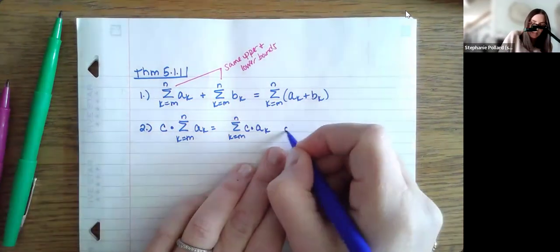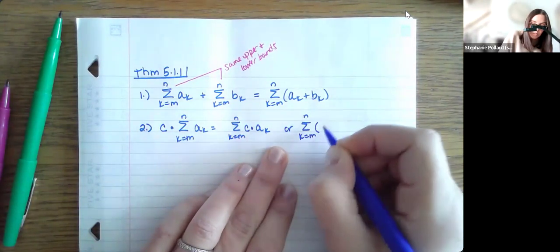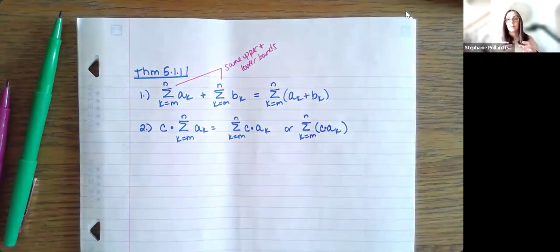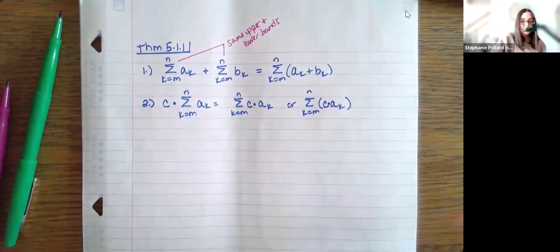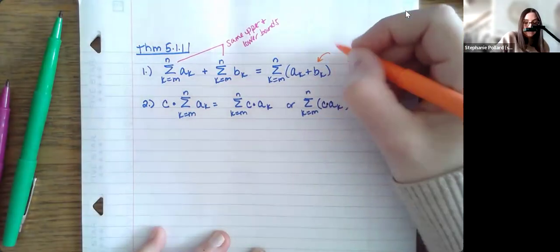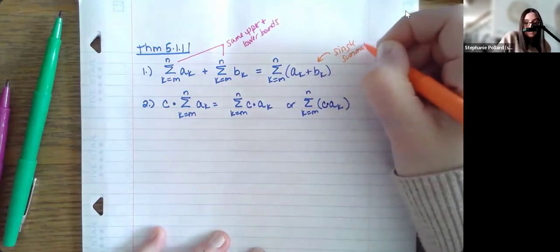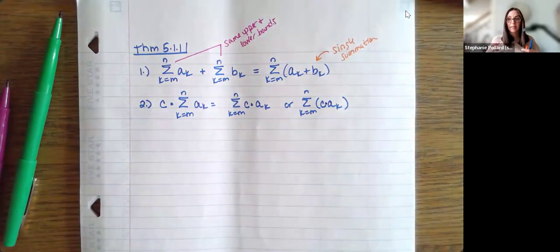Or another way, again, if you want to just make it a little bit clearer in your own notes, you could write it like this just to show that that C is part of the summation now. Also, as a little side note here, they'll call this a single summation. So if you have homework questions that say, hey, write this as a single summation, that's what they mean. I mean, put it all back together.